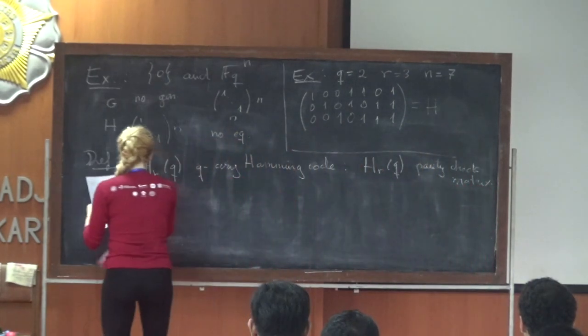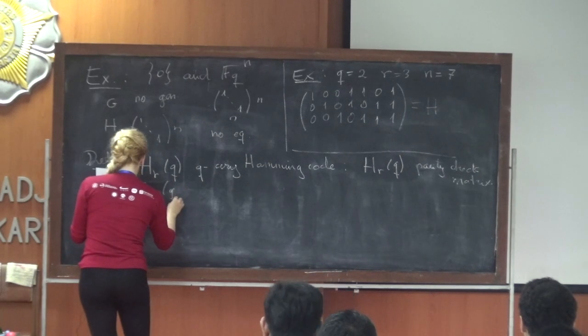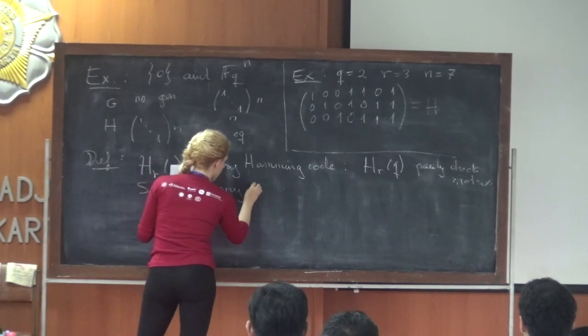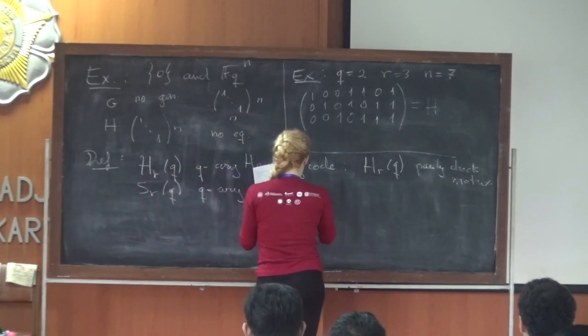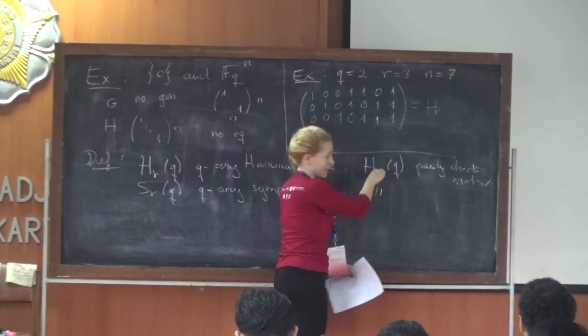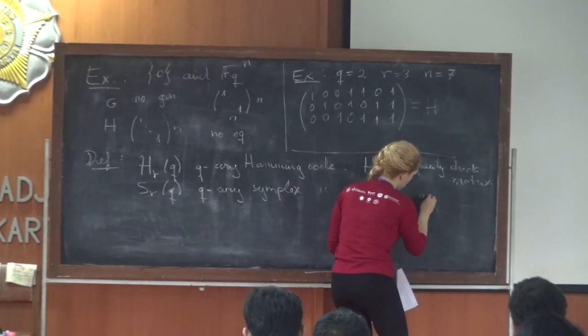And now we define the q-ary simplex code as the one that has the same matrix that we took, but as a generator matrix.